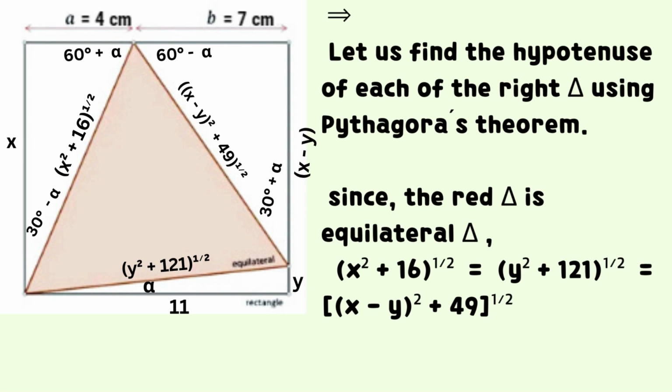Since the red triangle is an equilateral triangle, we obtain an equation for the square roots of the right triangles. This is because each side length of an equilateral triangle is equal and each of its angles equals 60 degrees. The equation is shown on the screen.